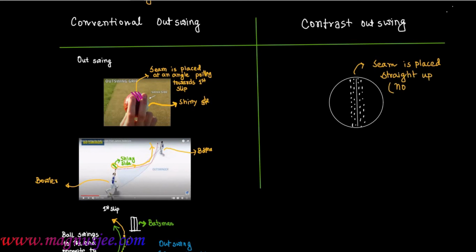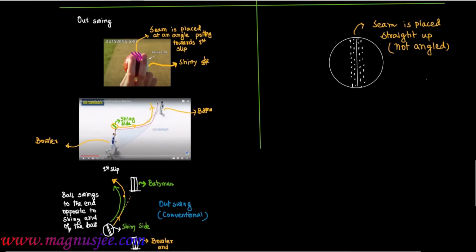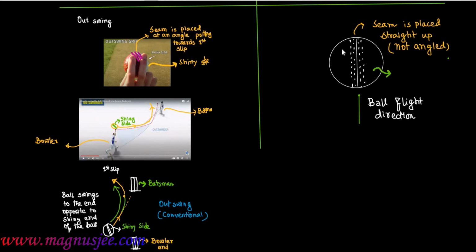The seam is placed straight up, not angled, not at any angle with respect to the initial line of flight. This is the direction of ball flight. The rough side is placed towards the wickets, and the shiny or smooth side is placed towards the outward end, towards the first slip.